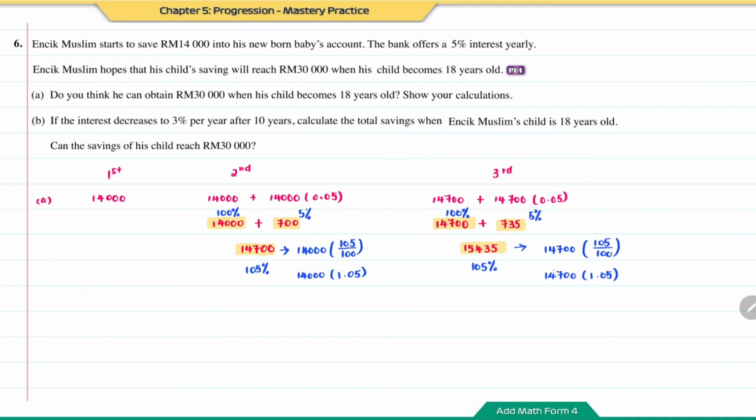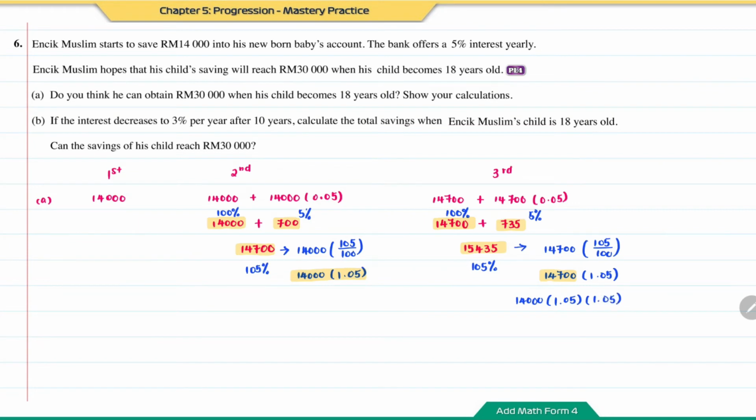Now, this 14,700 is the amount of money in the second year. So the amount of money in the second year, you can calculate using 14,000 times 1.05. So I can replace this 14,700 with 14,000 multiplied by 1.05.